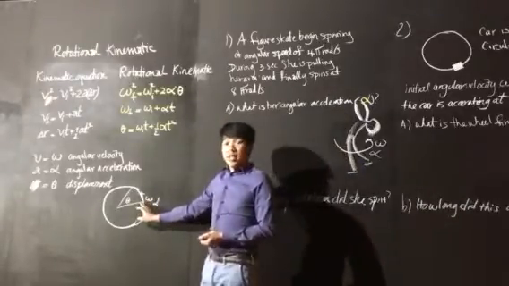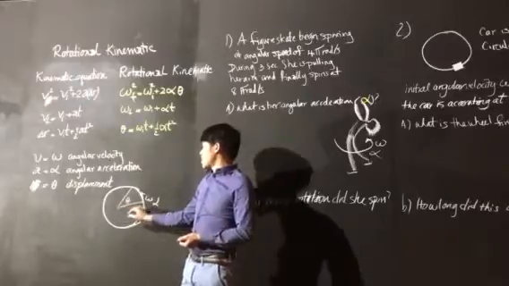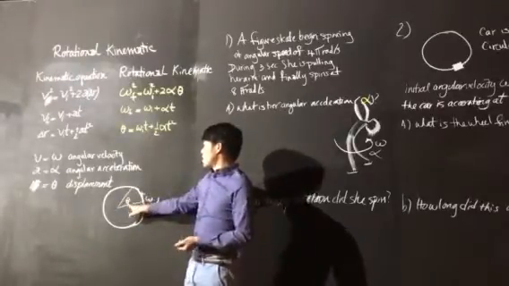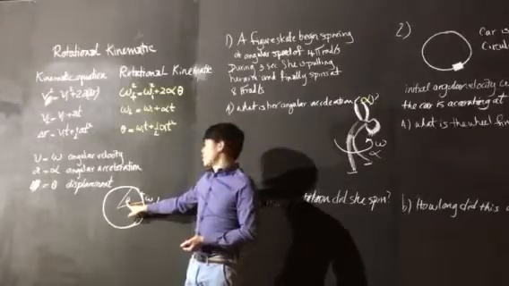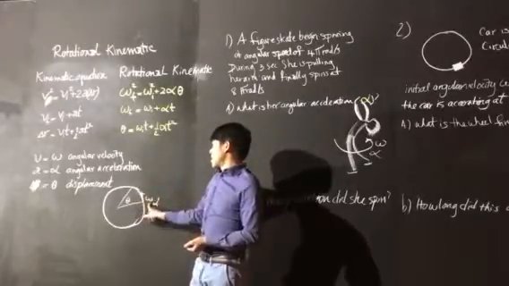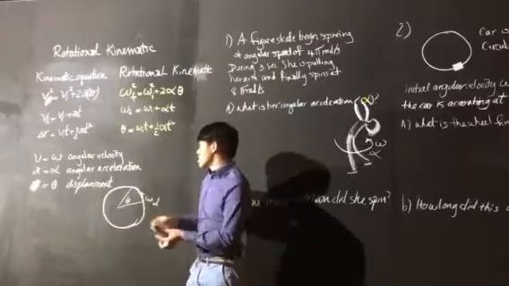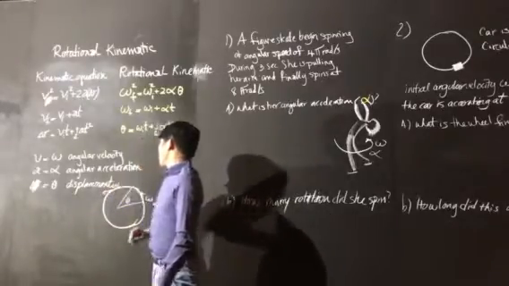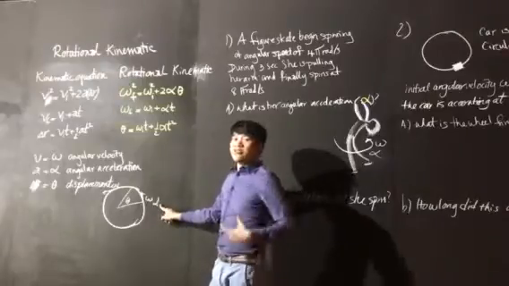This is a visual representation. When the object rotates from here to here, we call that the displacement, theta. At every single point, it has its own velocity and acceleration involved.